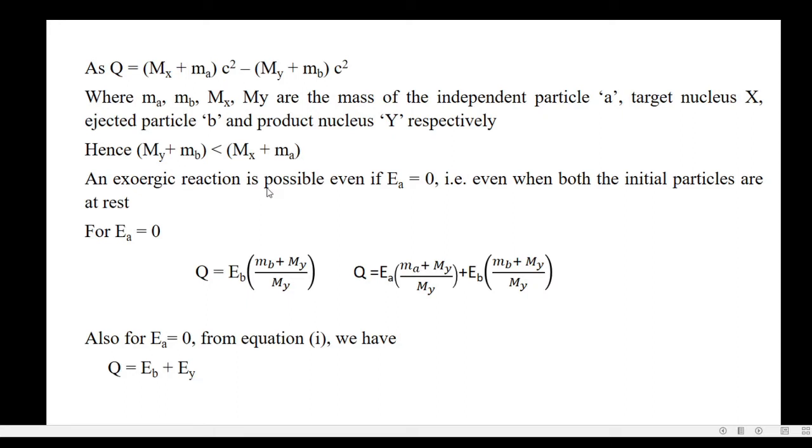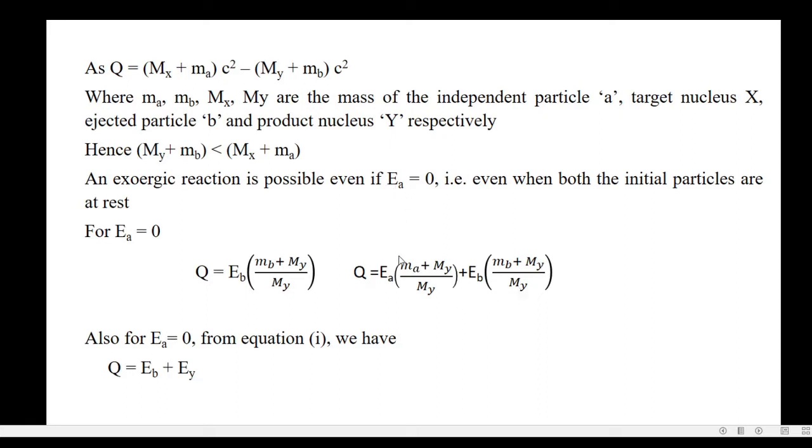An exergic reaction is also possible even if Ea is equal to 0. That means the kinetic energy of incident particle is equal to 0. We know that the Q value of nuclear reaction is given by Q is equal to Ea into (Ma plus My) by My plus Eb into (Mb plus My) by My.